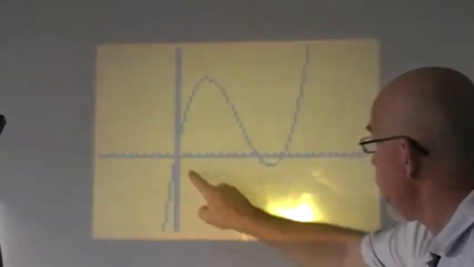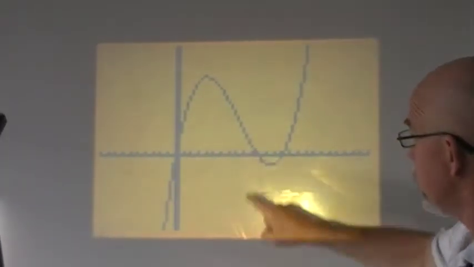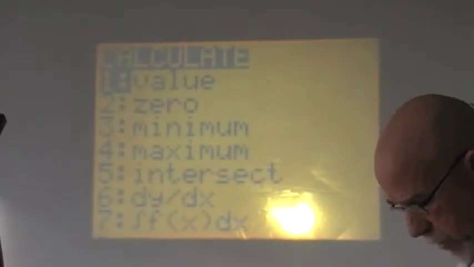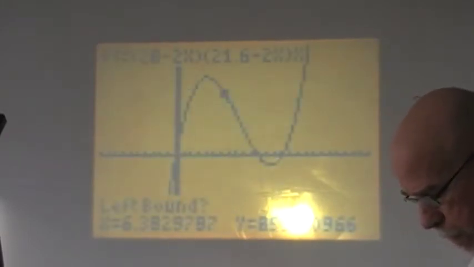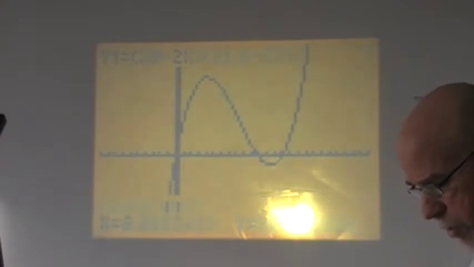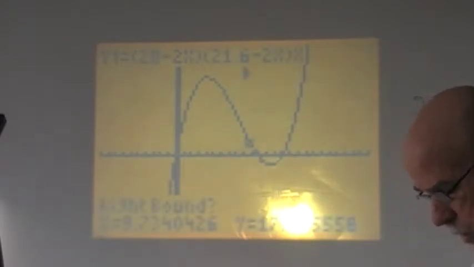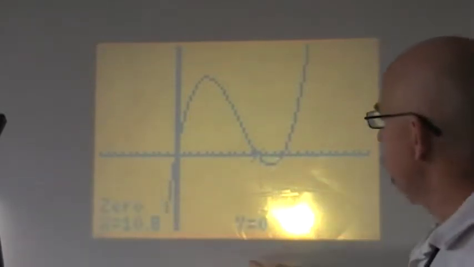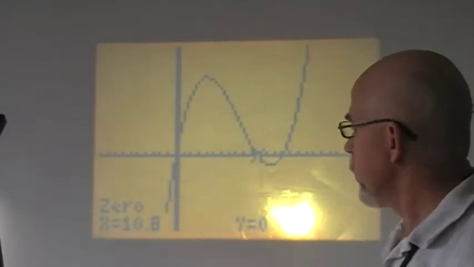I wonder why it crosses 0 here. That's a 0. Let's go and calculate that 0 in that position, like we learned how in a previous lesson. That 0 here is going to be 10.8.